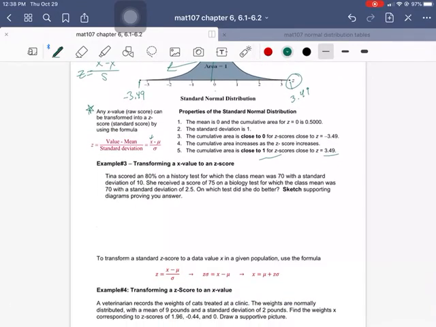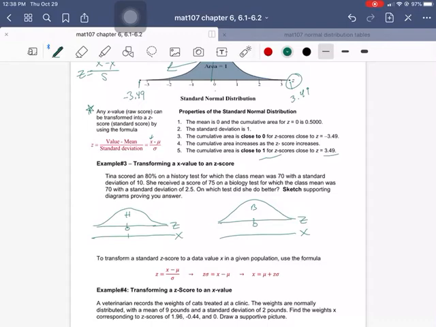We have Tina taking a history test and taking a biology test. I'm going to put these two axes together. Okay, so on a z, this is always 0. On an x, this is always the mean.